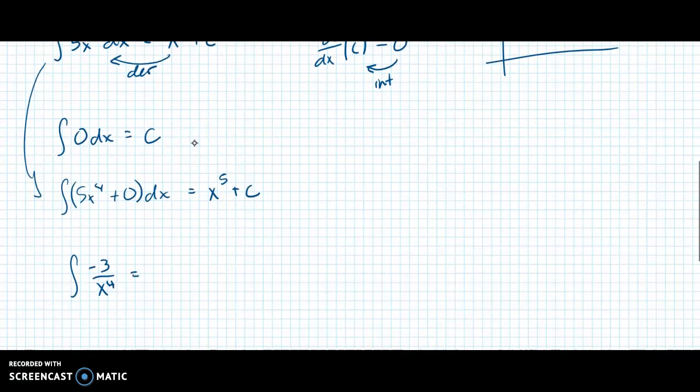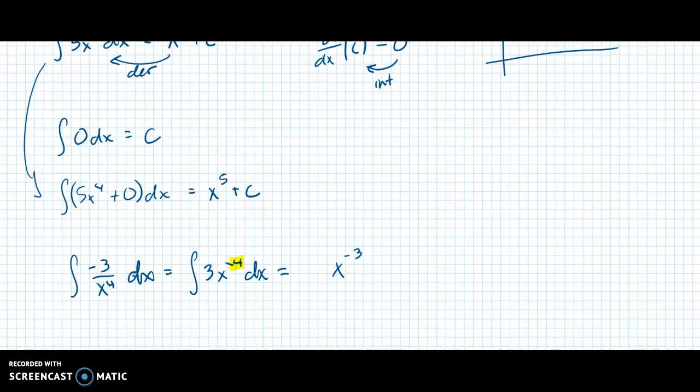So this is the same as, with a dx, sometimes I forget them, the integral of -3 times x to the -4th dx. All right, what we're going to do is go up a power from -4. That takes me to x to the -3. And I will explain this with a positive exponent in a moment, and it might make a little bit more sense. But I go up to -3 from this -4 right here.